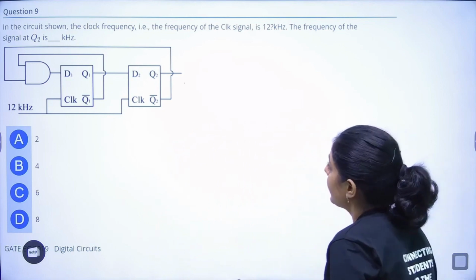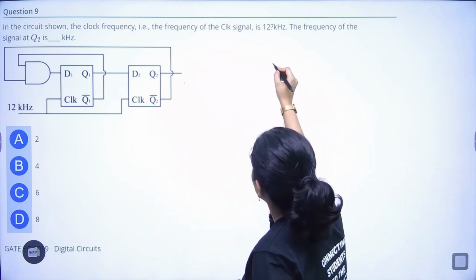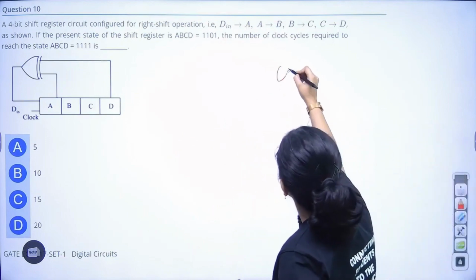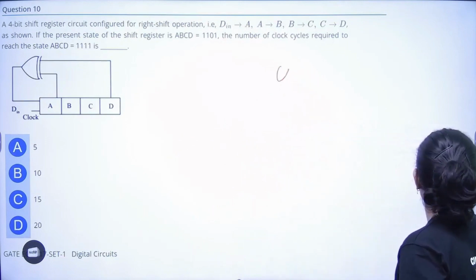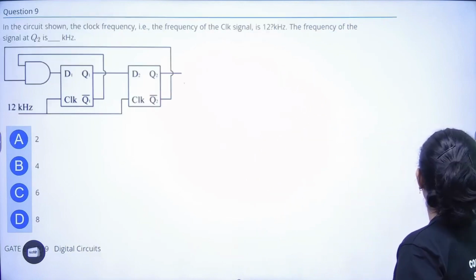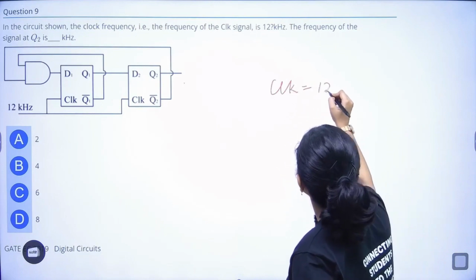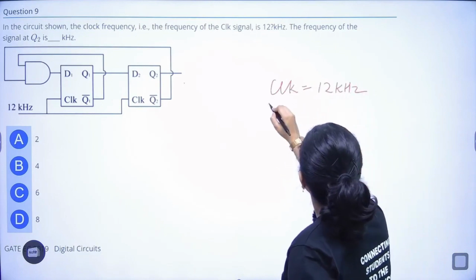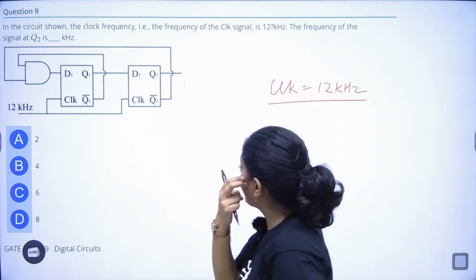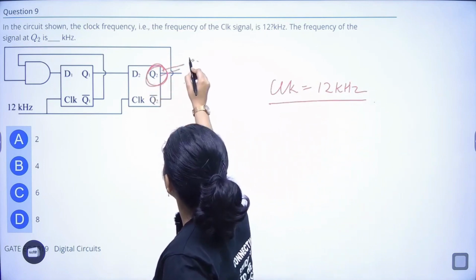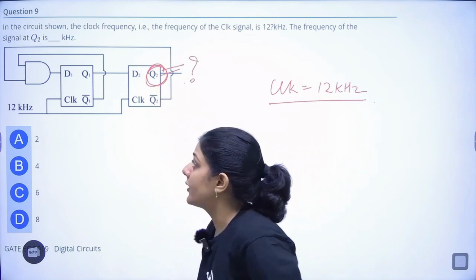So they are saying that the clock frequency is 12 kilohertz, and they are asking you to find out the frequency of Q2. So what will be this frequency?